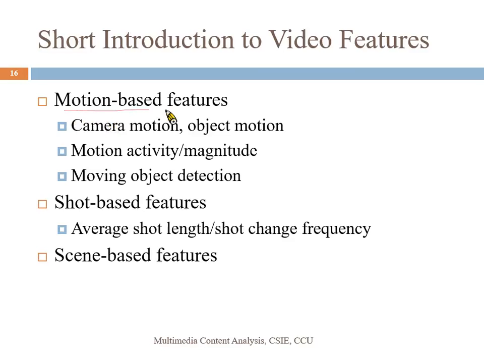The first one is the motion-based features, like camera motion, object motion, motion activity magnitude, and moving object detection. We can also detect video shot change and extract shot-based features, like the average shot length and the shot change frequency, and also divide videos into several scenes and extract scene-based features.